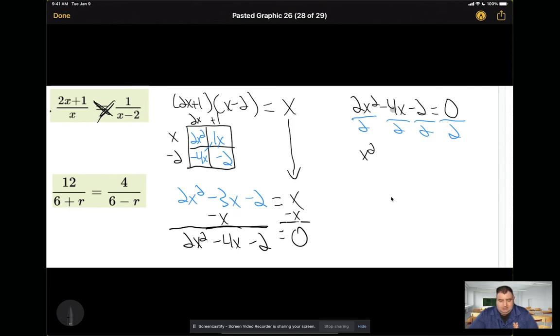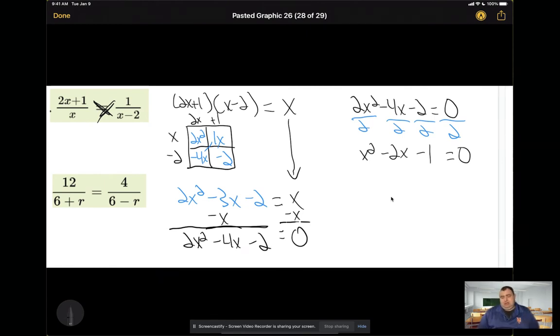Negative 4x divided by 2 is going to be negative 2x. And negative 2 divided by 2 is going to be negative 1, equals 0. So I have x squared minus 2x minus 1 equals 0.